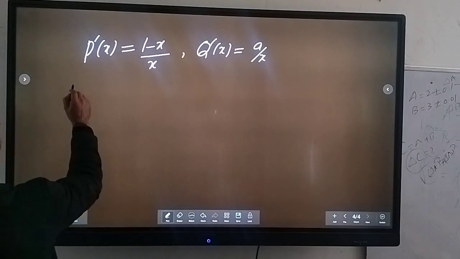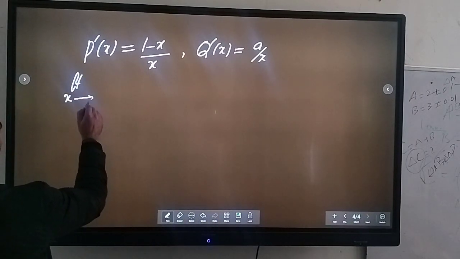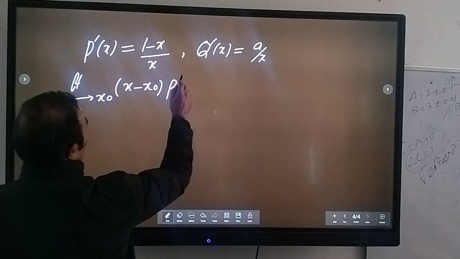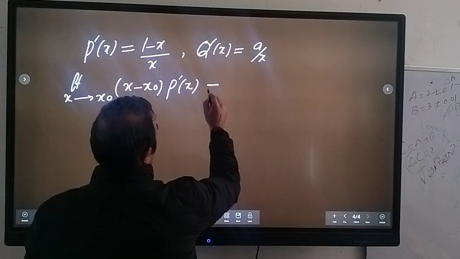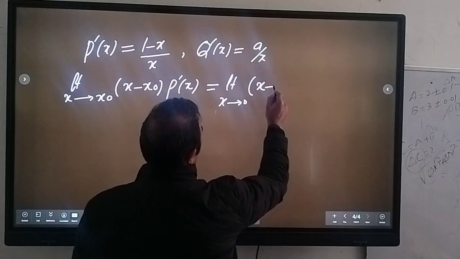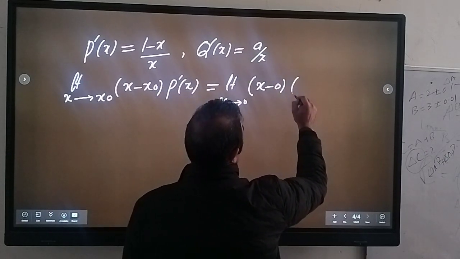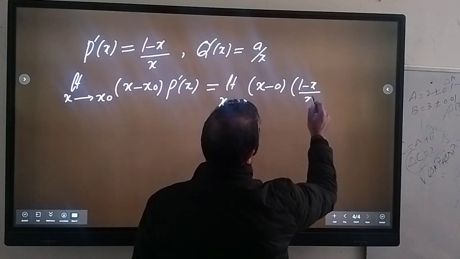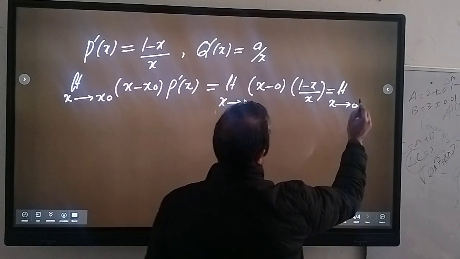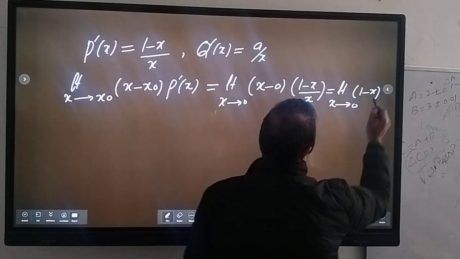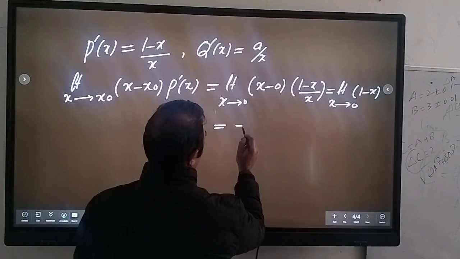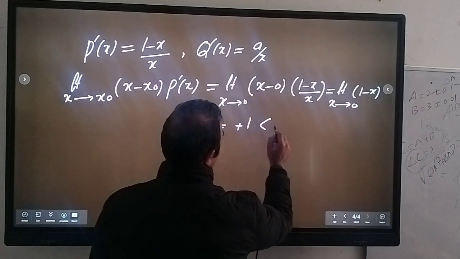The x will cancel here, so this will be equal to 1 plus something, which is less than infinity.